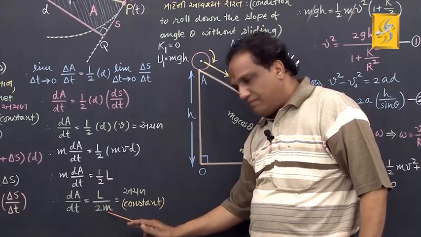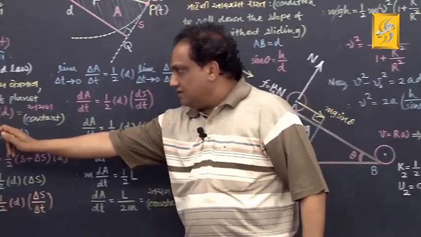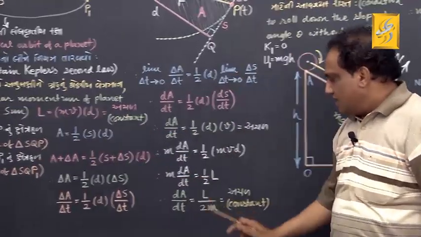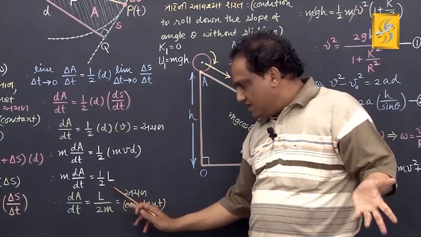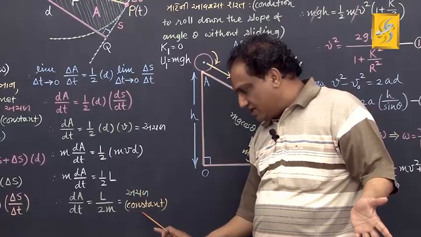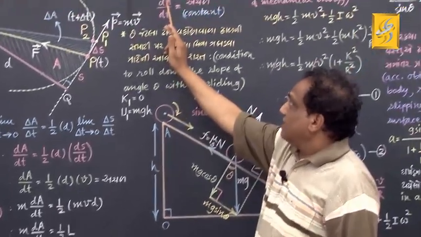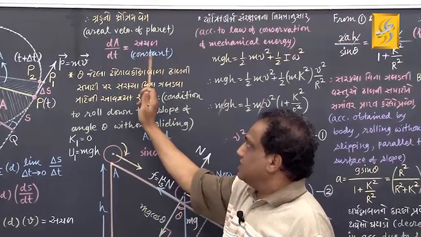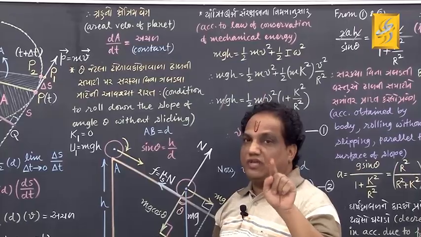L upon 2m, correct? Now tell me, here angular momentum is constant. So L is constant and the mass of a given planet is definitely constant. So this part will remain constant. So dA by dt is constant. What is dA by dt? In the denominator you should think 1 unit.